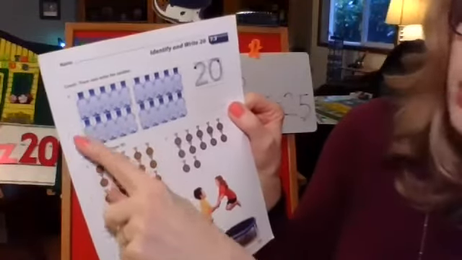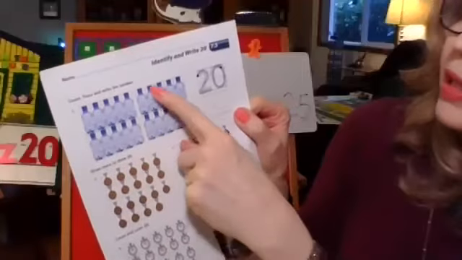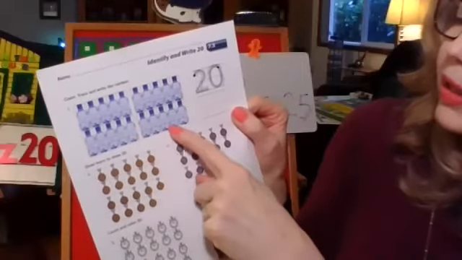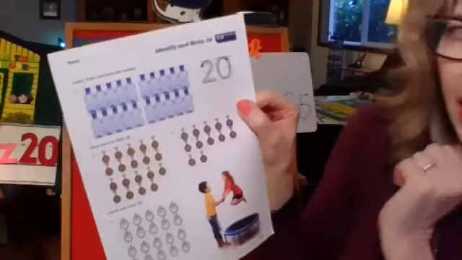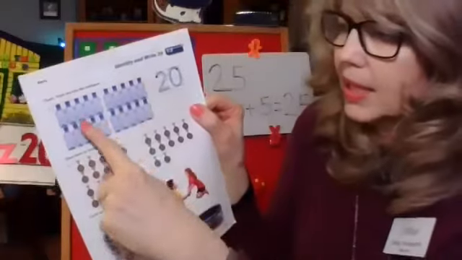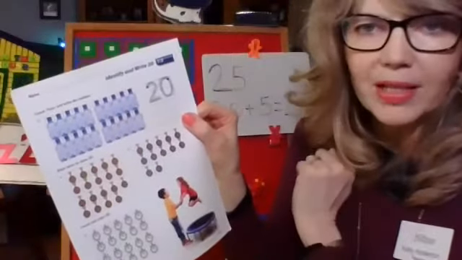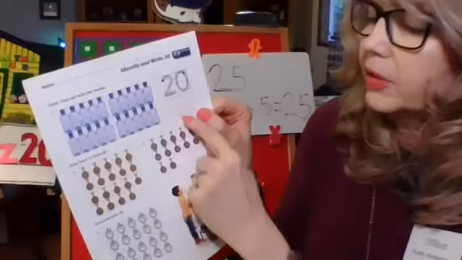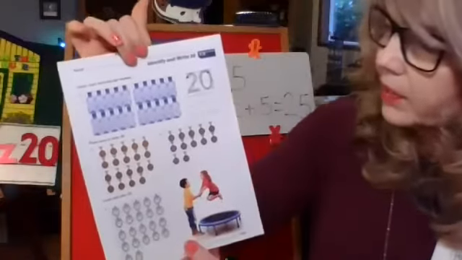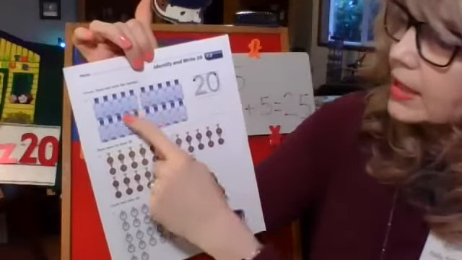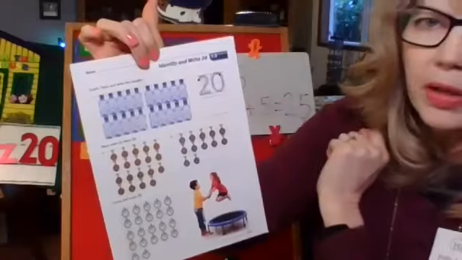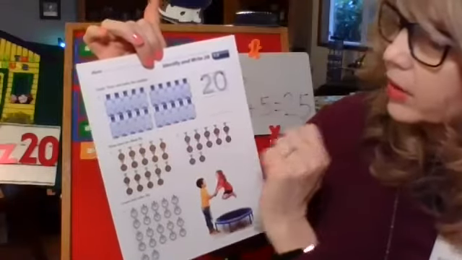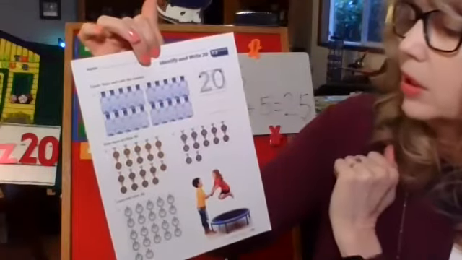I see one full 10 set right here and another full 10 set right here. So how many is that? I can count by tens. 10, 20. That's 20. And there it is for you. You're just going to copy it and see if you can write the number 20. There are 2 10 sets, but no extra ones hanging out by themselves. Both of these 10 frames are full.